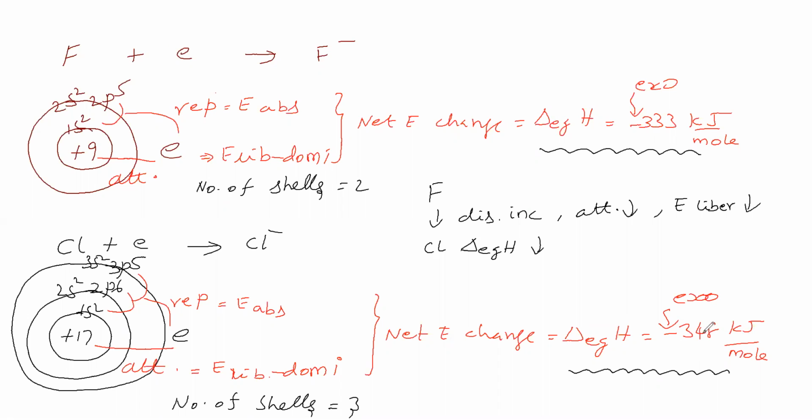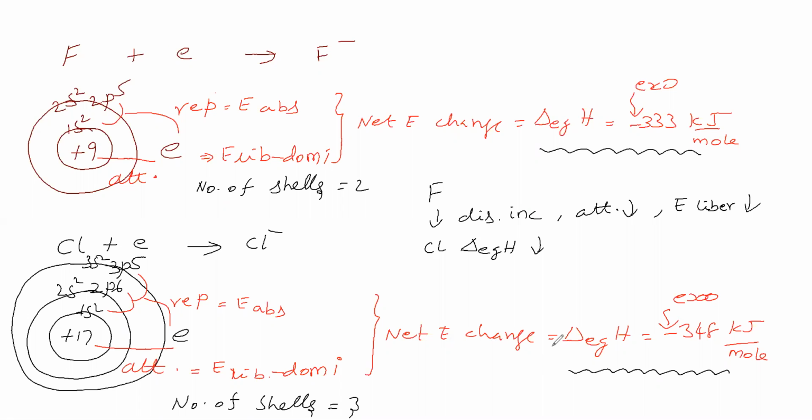So the electron gain enthalpy is higher for Cl. For fluorine it is less. So we can't give the usual explanation. In this case, energy liberated is less; here, energy liberated is more.